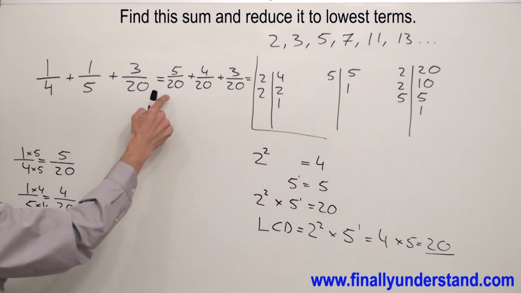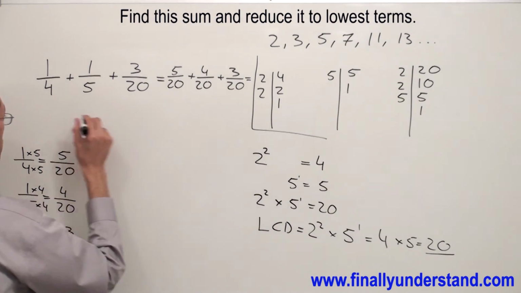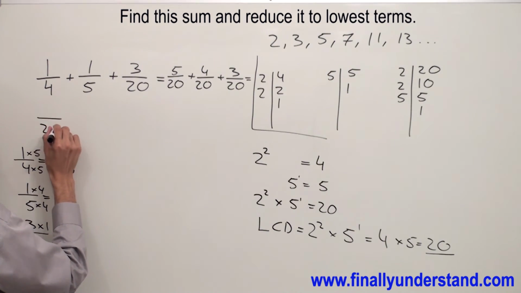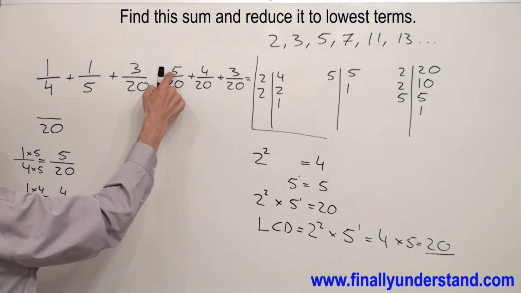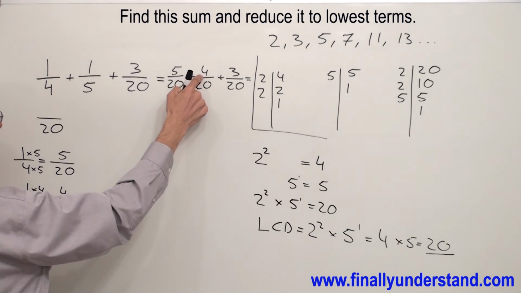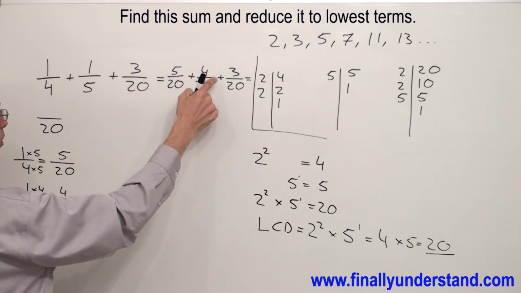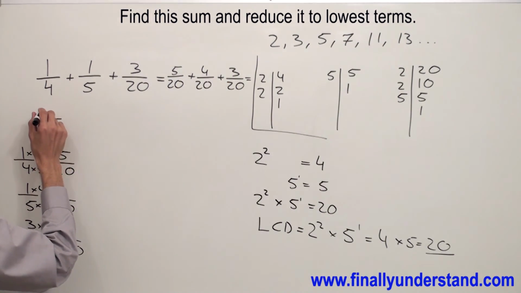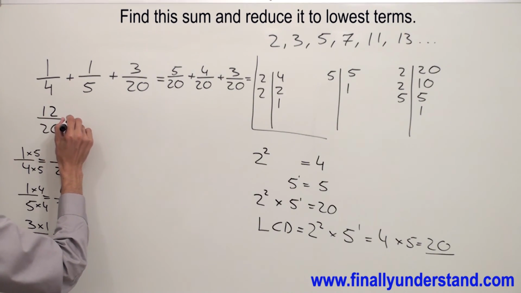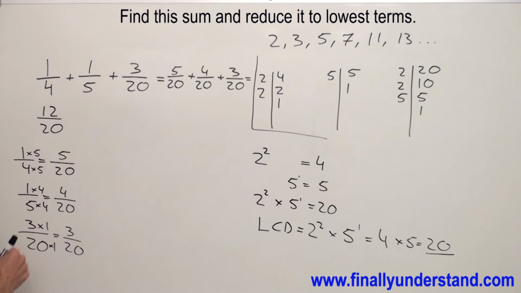I have to keep the denominator. In this case it is 20, and I have 5 plus 4 is 9. 9 plus 3 is 12. So I get 12 over 20.